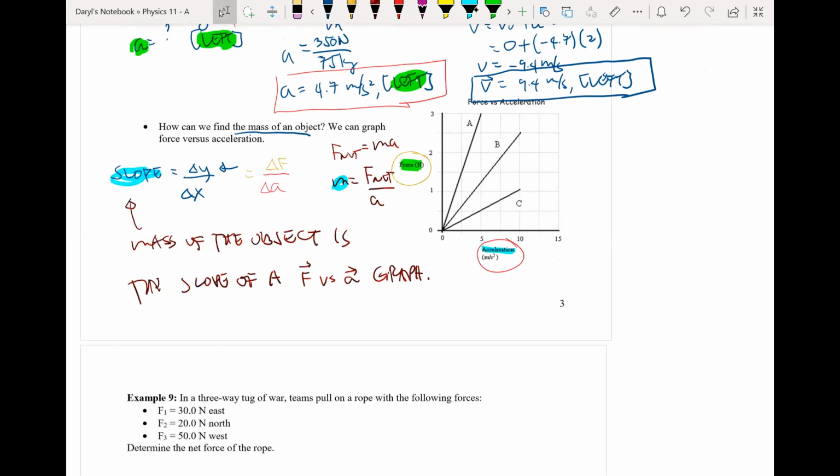You can recreate this graph in a certain experiment. If you increase the net force acting on the object, you would expect that the acceleration will also increase, and so on and so forth. Okay, any questions?